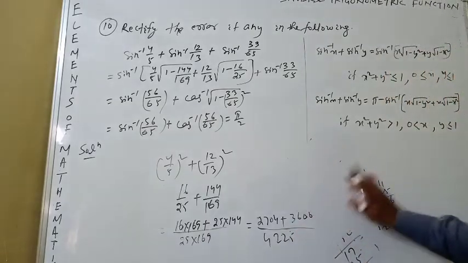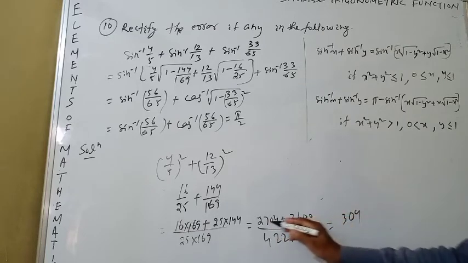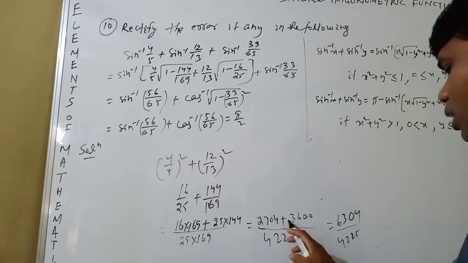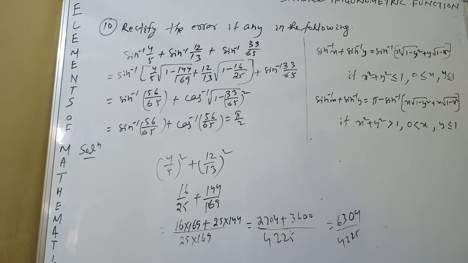So this much is equal to 2704 plus 3600, which is 6304, over 4225.